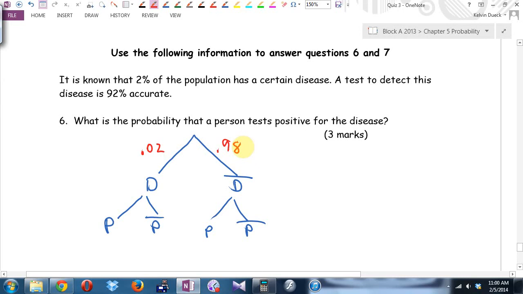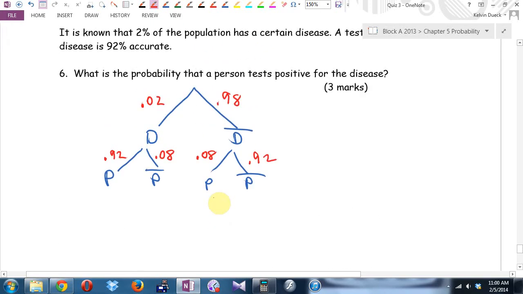The test is 92% accurate. That means if you have the disease, you'll test positive 92% of the time and negative 8% of the time. If you don't have the disease, what should you test? You should test negative 92% of the time, and positive 8% of the time.